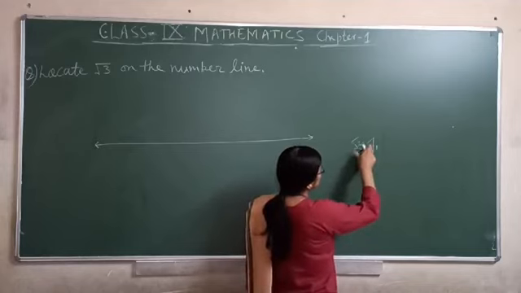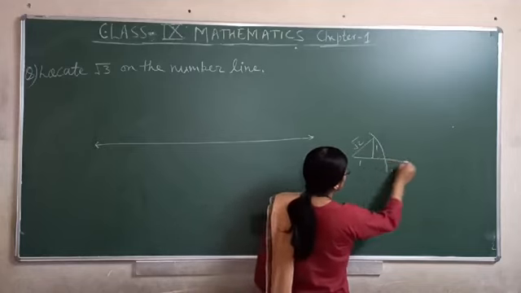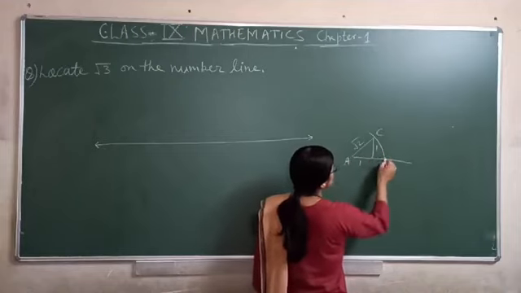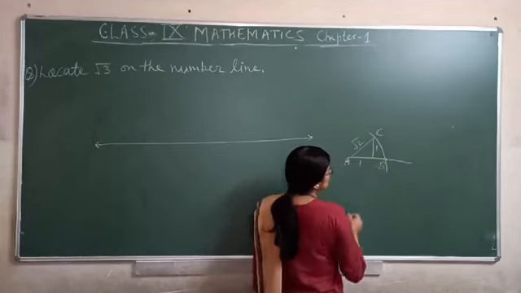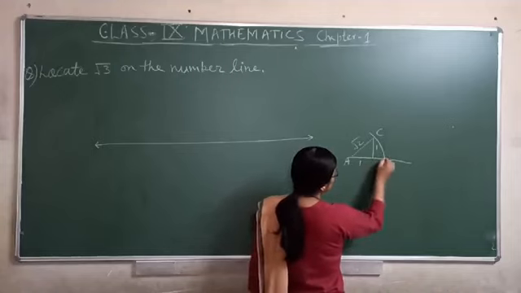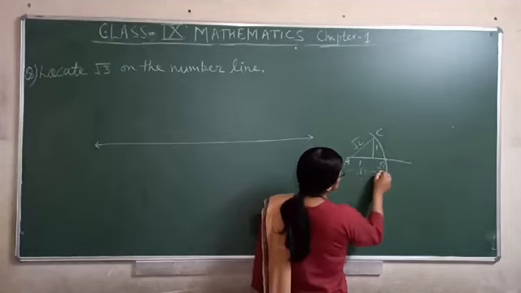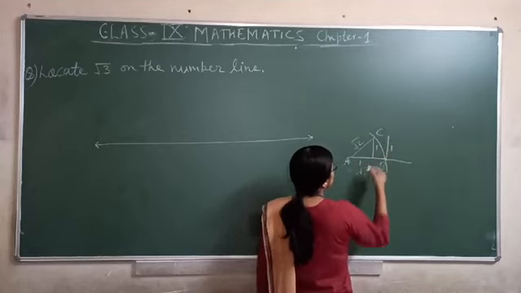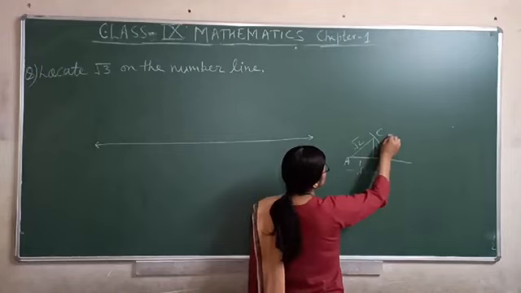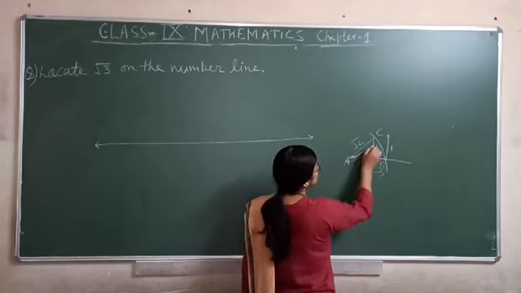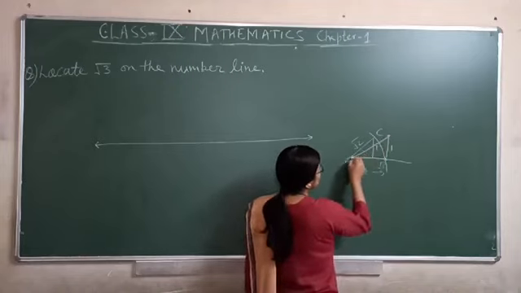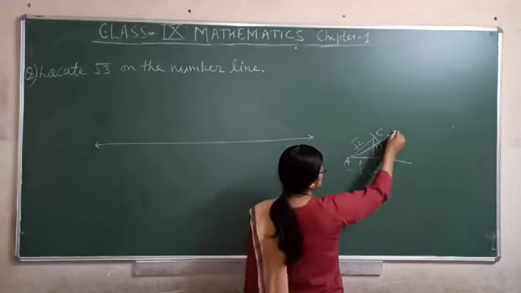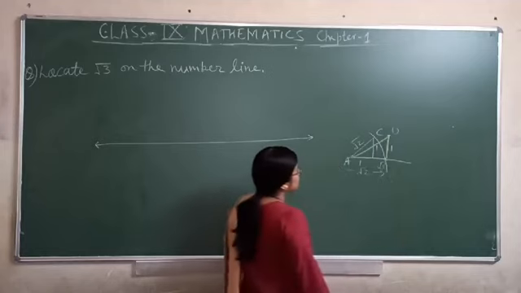Then you keep the compass here, you take an arc, so this is A, B, C. AB is root 2. And again we will draw a 1 centimeter long line here, and we will join this point to this point. Okay, this is your root 2, this is your 1. So this is point D.